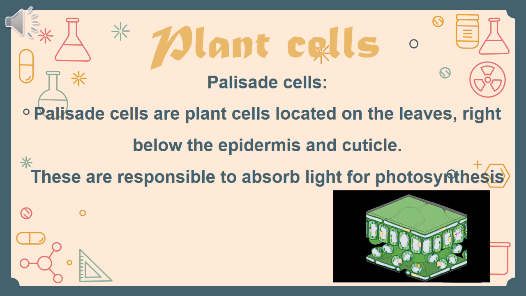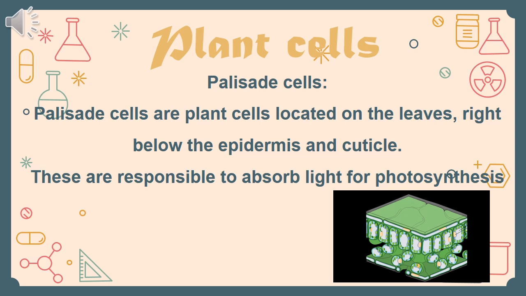Palisade cells. These are special cells in the leaves of plants. They contain the largest number of chloroplasts per cell, which makes them the primary site of photosynthesis in the leaves of those plants that contain them.